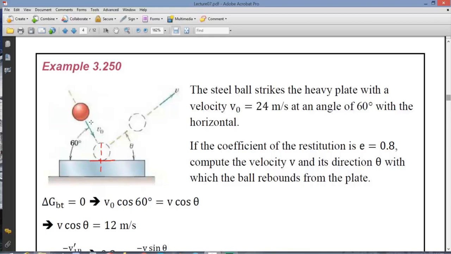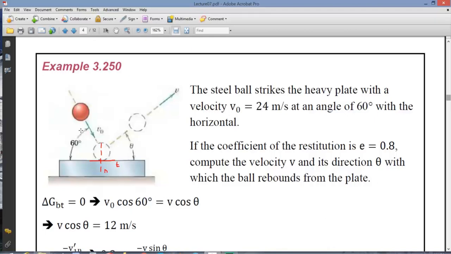And the other step that we need to think about is the decomposition of the initial velocity of this ball into normal and tangential direction. This is the normal direction. Again, this is our normal direction and this is our tangential direction.